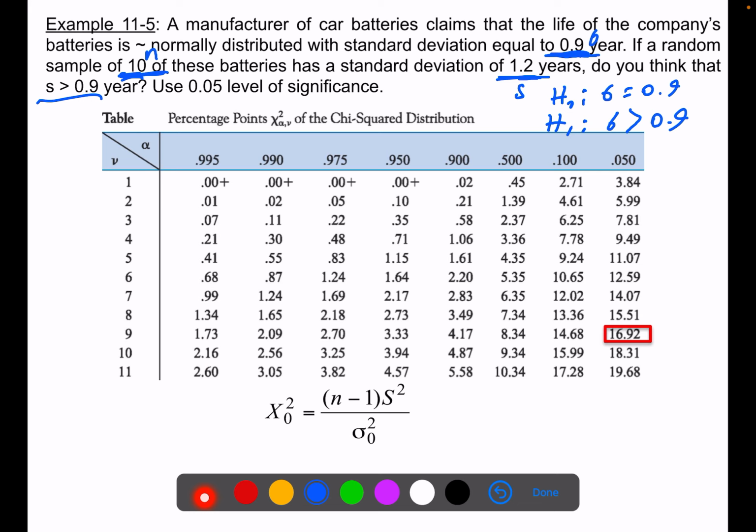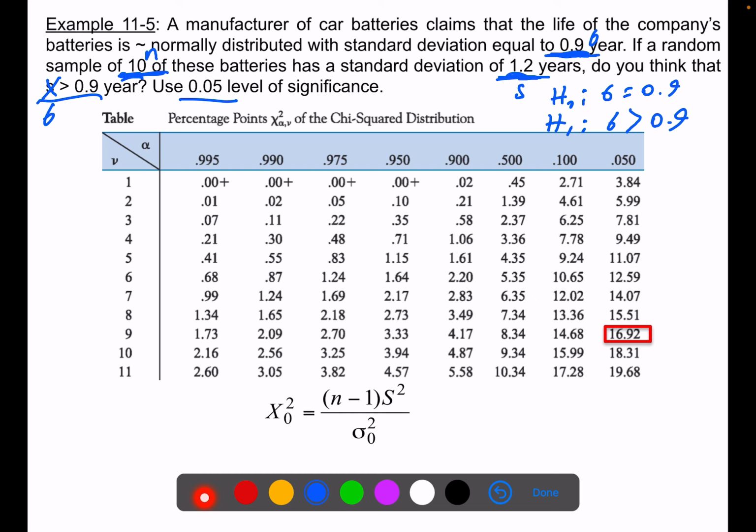Actually, there's a mistake here. This should be sigma, right? Because S is 1.2. We know what S is. And use a 0.05 level of significance.